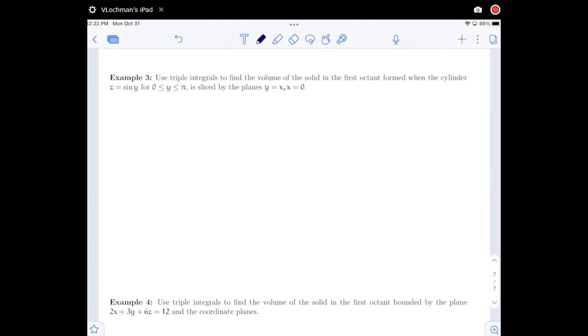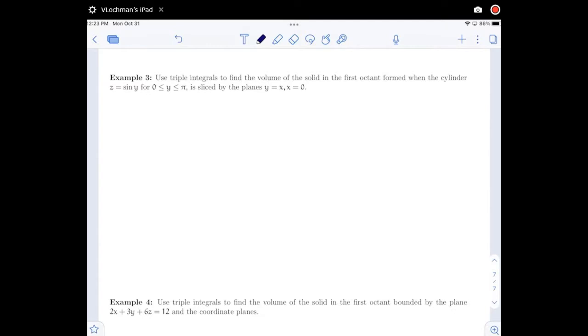That's going to take some visualization skills. So work with me here. Try to do your absolute best to see this picture that I'm going to draw in a minute. So what do we have here? It says use triple integrals to find the volume of the solid in the first octant formed when the cylinder z is equal to sine y.